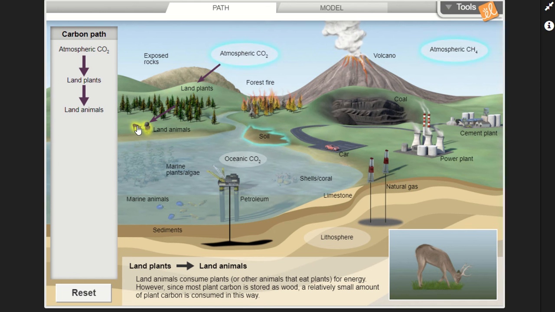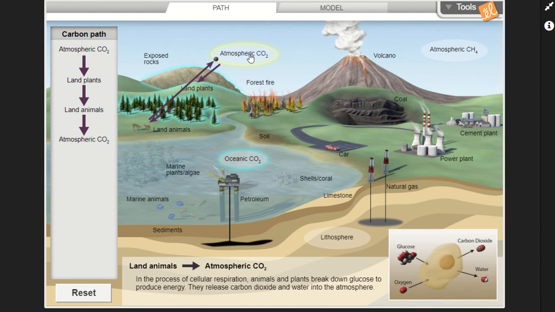Now number 4 says go back and select the atmospheric CO2. And then it says, from land animals to atmospheric CO2. In the process of cellular respiration, animals and plants break down glucose to produce energy. They release carbon dioxide and water into the atmosphere.